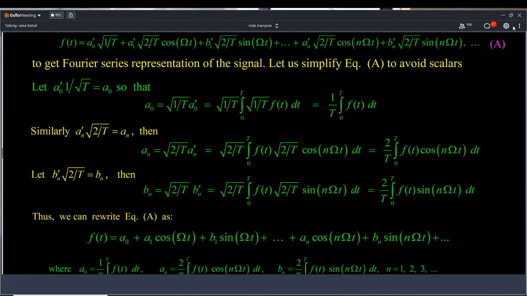If we remove it from there, then the resulting transformation will be only an orthogonal transformation, but it will not be an orthonormal transformation. And you cannot compare the coefficients, or you cannot draw the conclusion that if, suppose, A1 has a higher amplitude than A2, then it really means that the energy content or the power content of the first harmonic is greater than the second one.